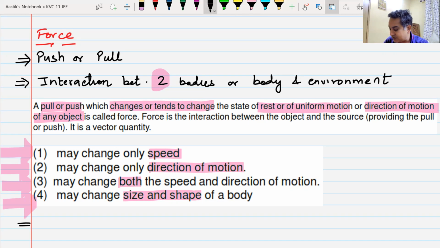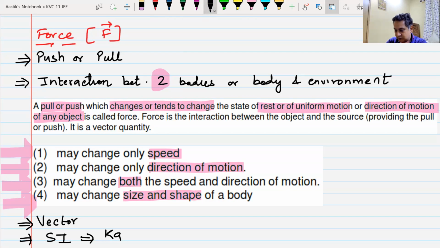What type of quantity is force? Force is definitely a vector quantity. And how do I write force? F vector. This is how I write force. It's a vector quantity. What are the SI units? kg meter per second square. You can also call it Newton.